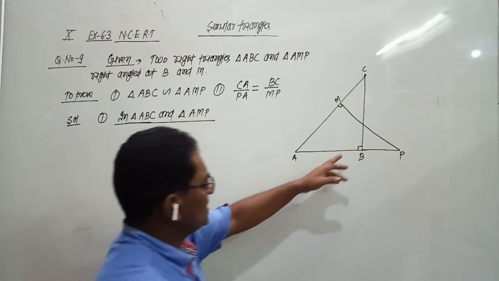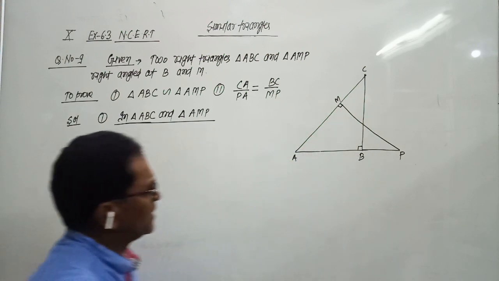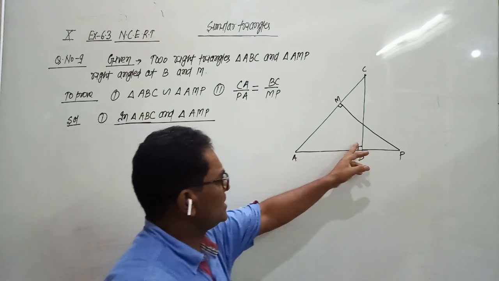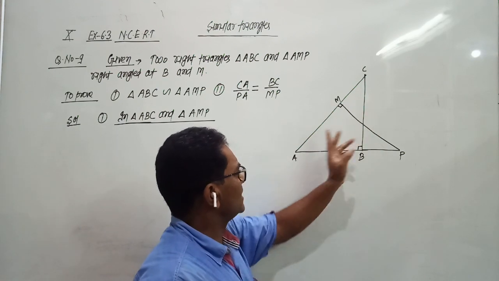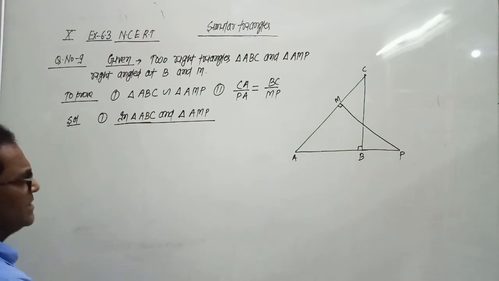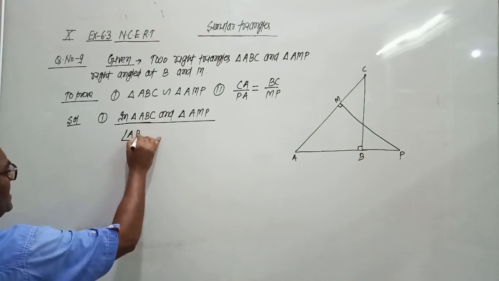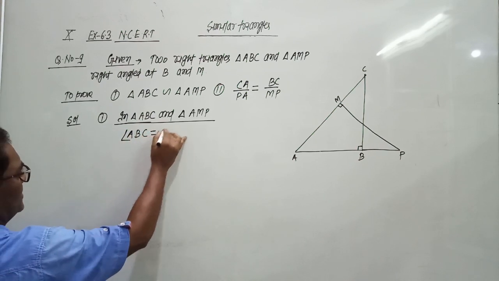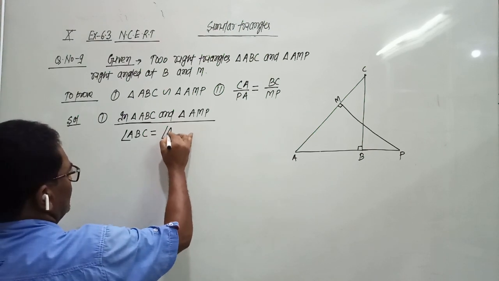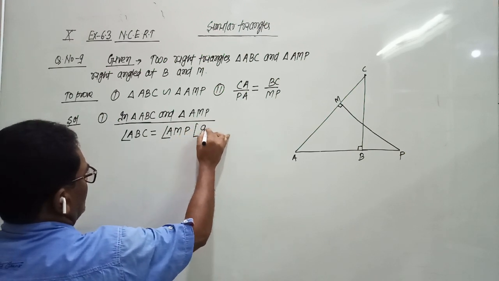Angle ABC is equal to angle AMP, each 90 degrees. In triangle ABC, angle ABC and in triangle AMP, angle AMP is 90 degrees.